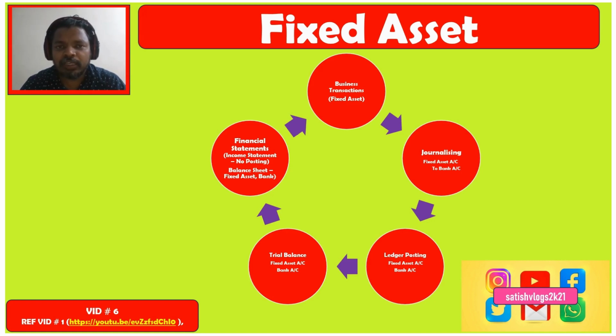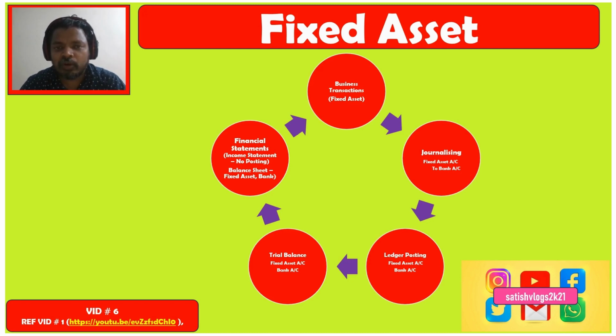Now let's move to the third phase of an accounting cycle, which is the ledger postings phase. What is the ledger posting phase? For whatever journal entries were created as part of the journalizing phase, for those accounts, the ledger accounts are supposed to be created in the ledger postings phase, and the entries are supposed to be posted in the respective ledger accounts.